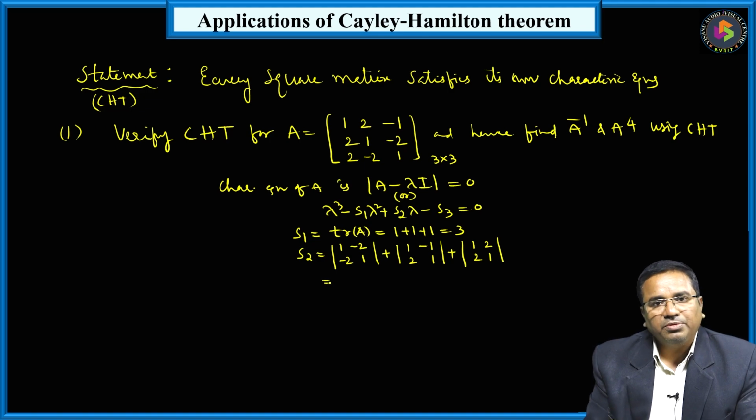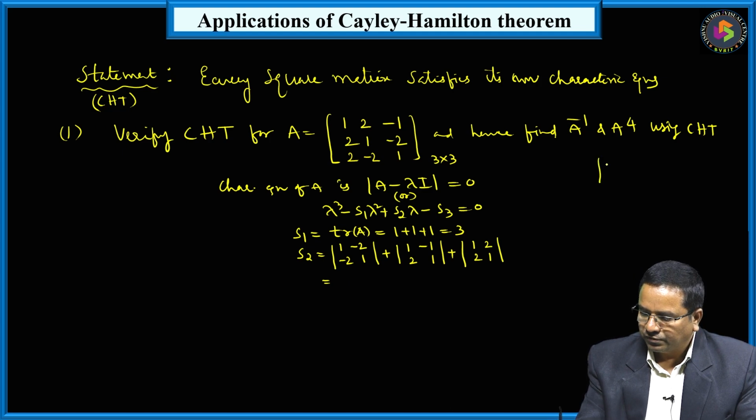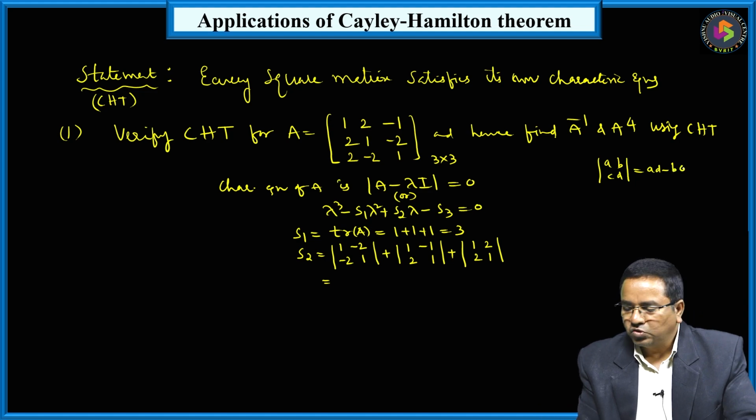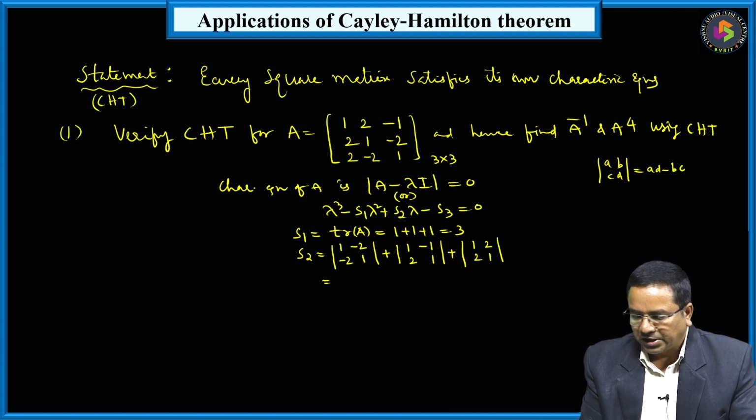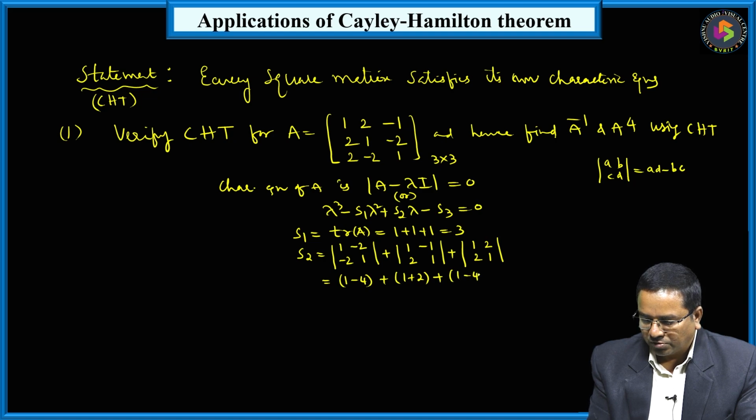Now each is the determinant of a 2 by 2 matrix. We know that for the matrix with rows A, B and C, D, the determinant is AD minus BC. By using this, the first is 1 minus 4, the second is 1 plus 2, and the third is 1 minus 4.